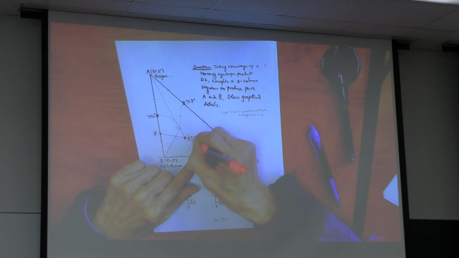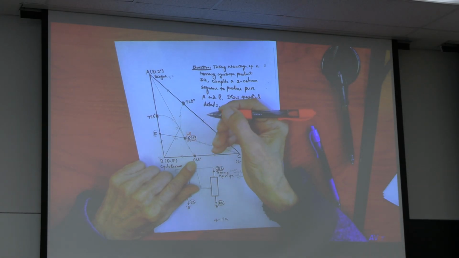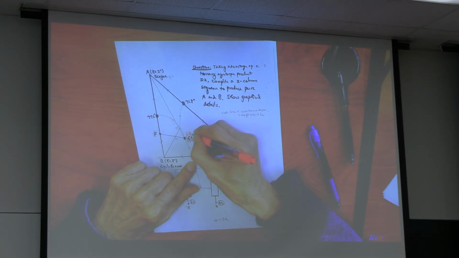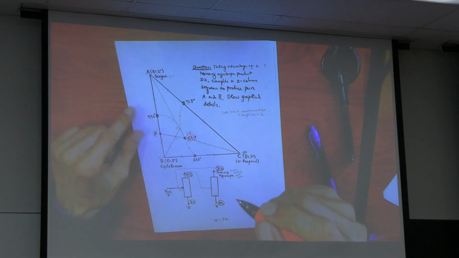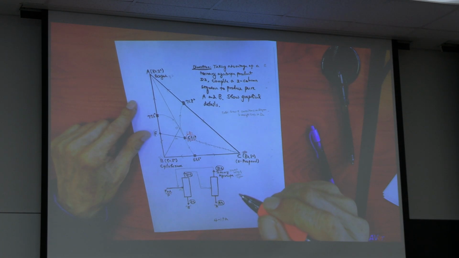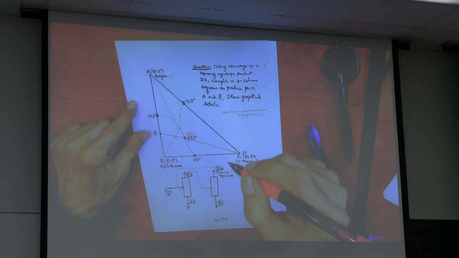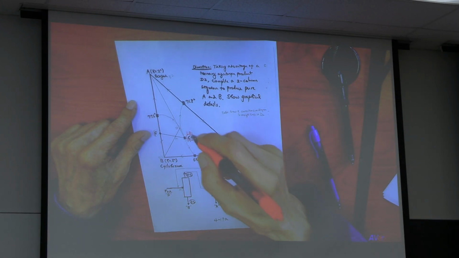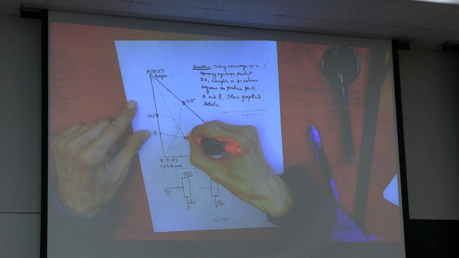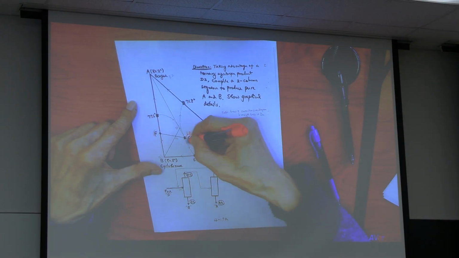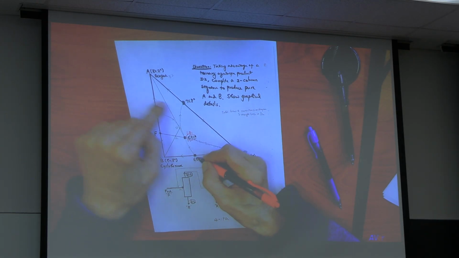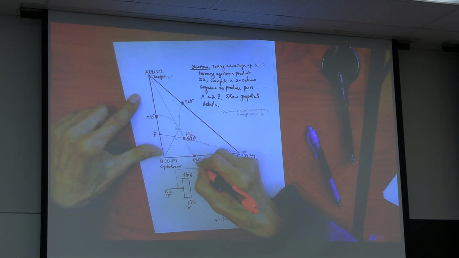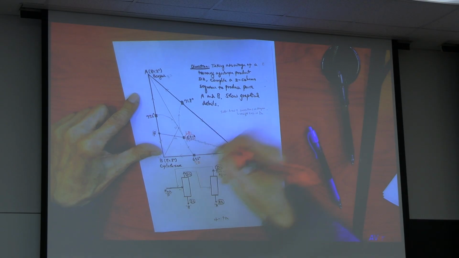So, lowest boiling ternary azeotrope. So, 69.1, 69.6, in this region, that is intermediate boiling.